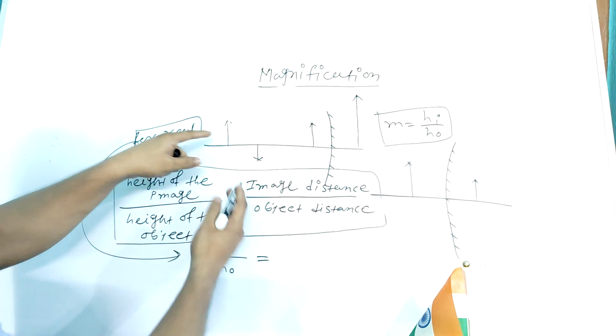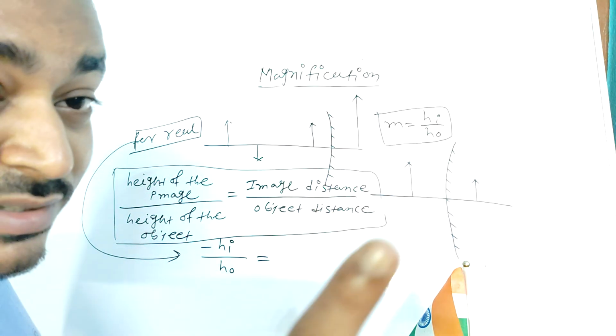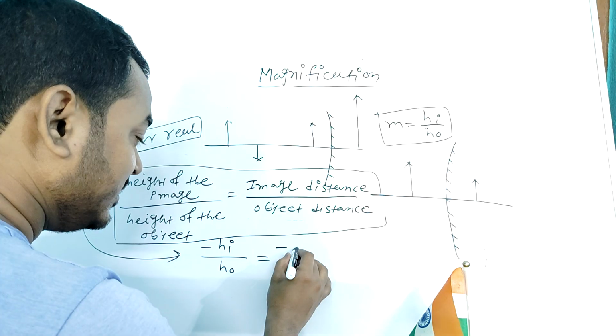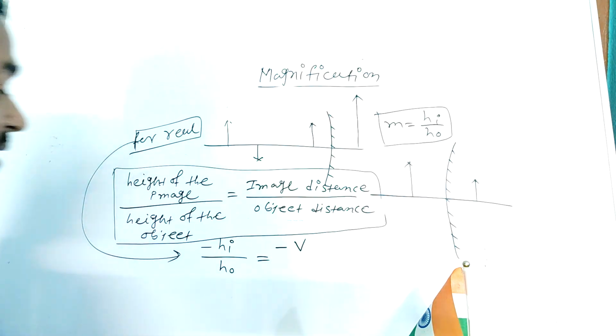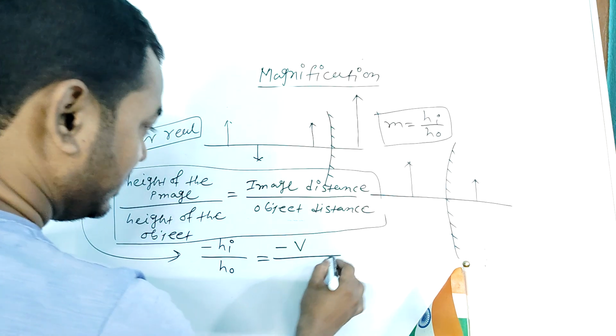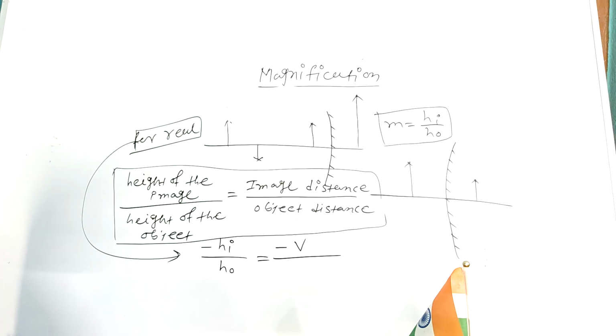This is the image opposite, and image distance is denoted as V. So we are writing minus V, divided by object distance.